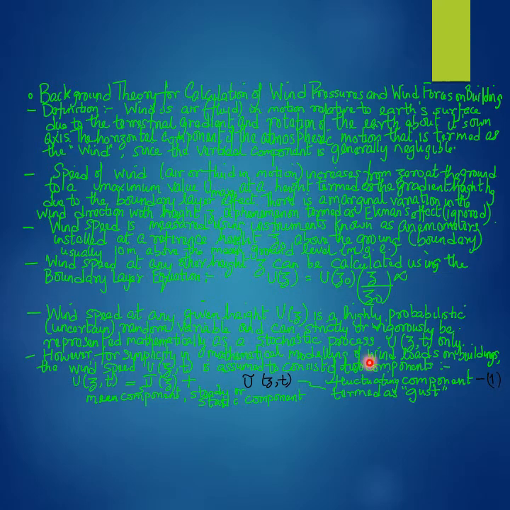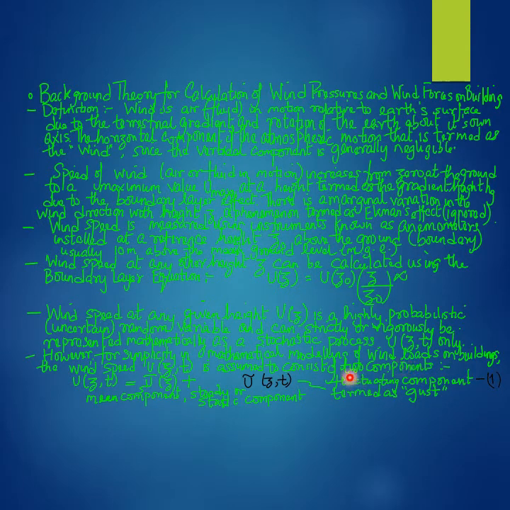plus the fluctuating component u with the wave notation above the symbol u that signifies the fluctuations in the wind speed, which are termed as gust at the selected height z above the mean ground level.